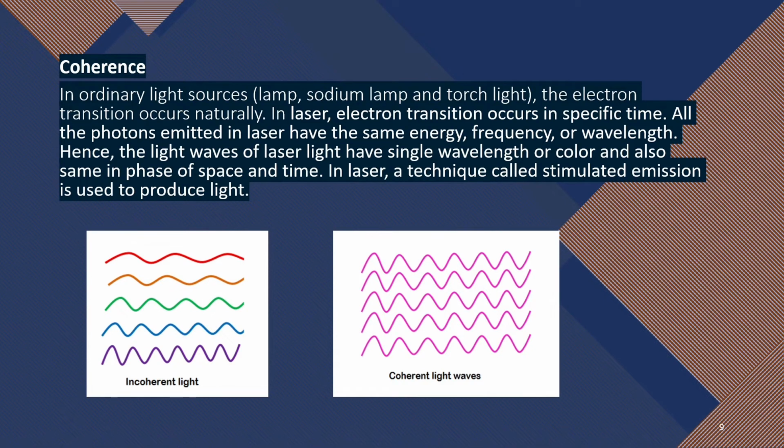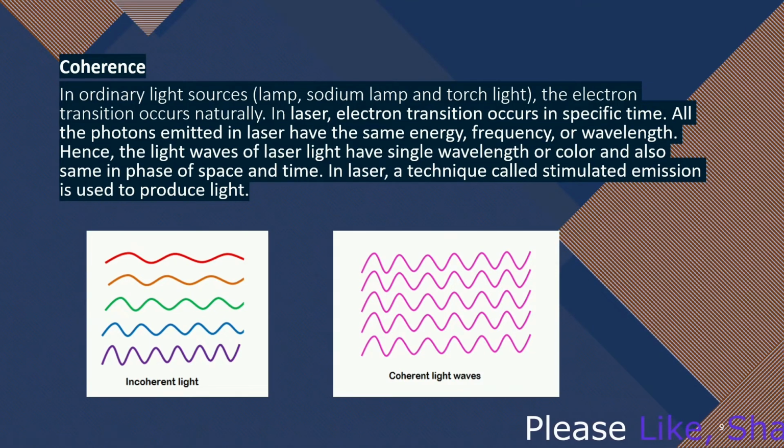As you can see in the first figure, the beams are incoherent. That means they are not aligned with each other, and on the other hand, in the second picture, the waves are aligned to each other, as they are all equally going up and down.